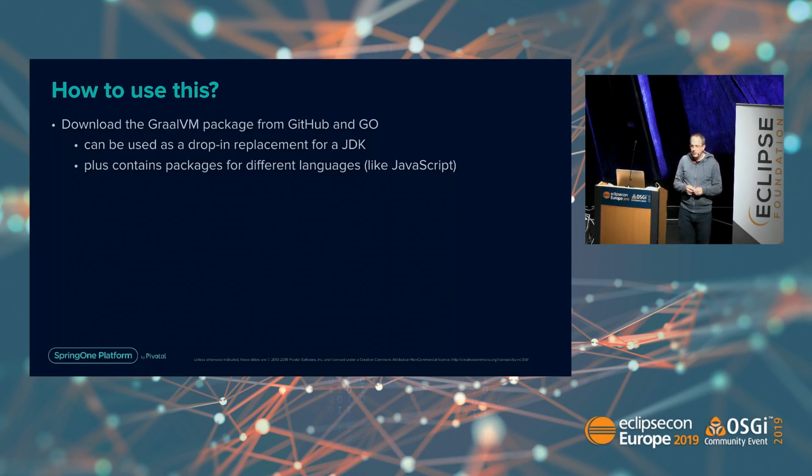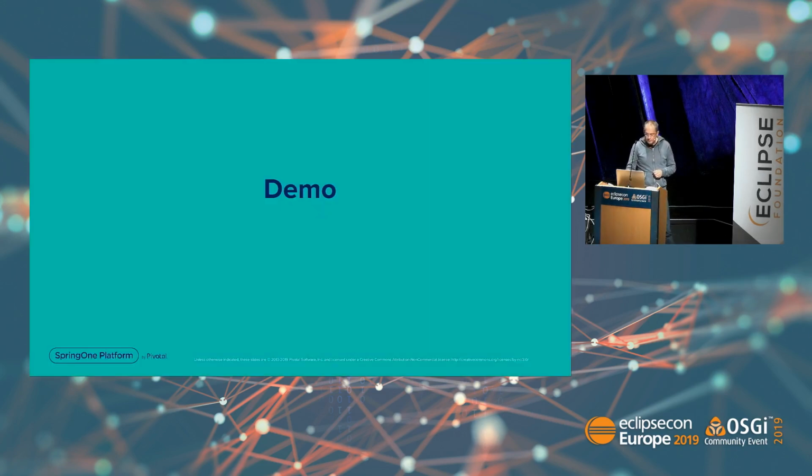And if you do that, you will find that there are a tiny bit more executables in the bin directory, doing more stuff, and you can install additional packages, for example, to run R code, to run Ruby code, to run additional languages on top of this compiler. You just need to use a little installation tool that comes with this download. That's one way to use it. And I will do that quickly.